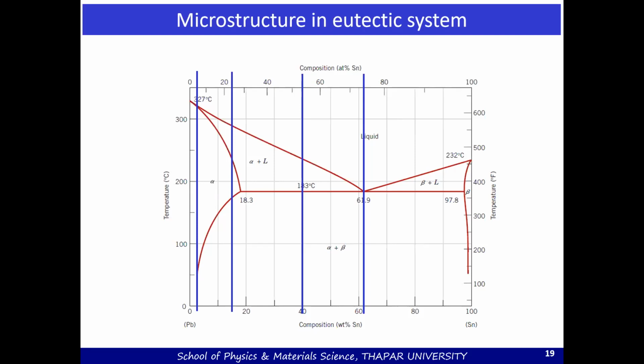While in non-equilibrium cooling, where the cored structure is formed, the rate of cooling is so fast that you are not allowing the constituent to diffuse across the solid, and because of which you end up with a concentration gradient within the solid.